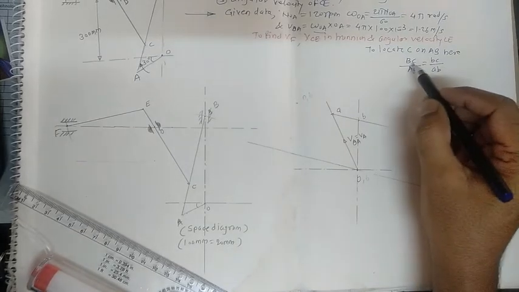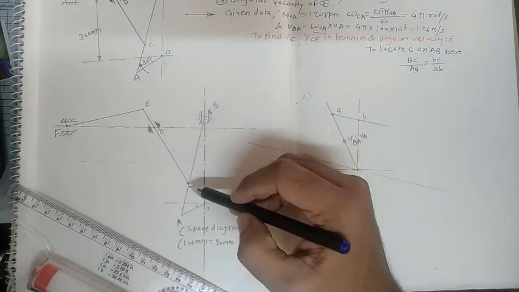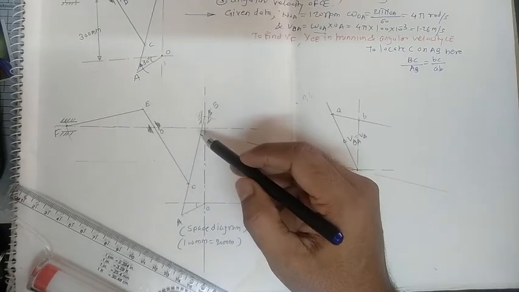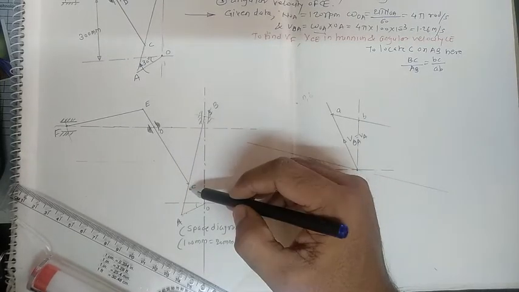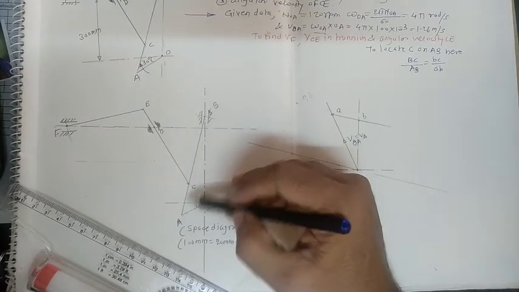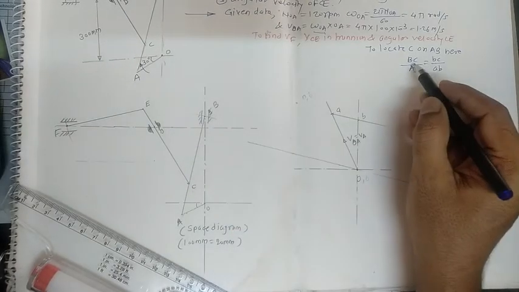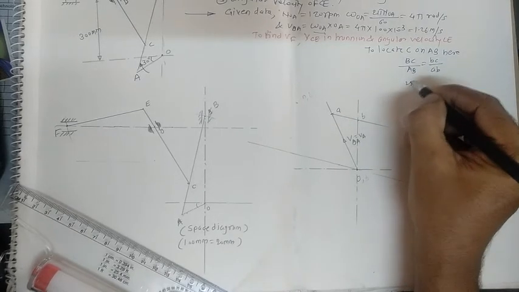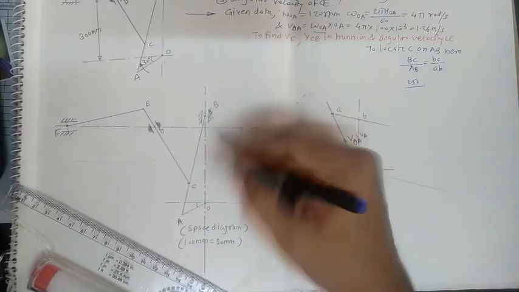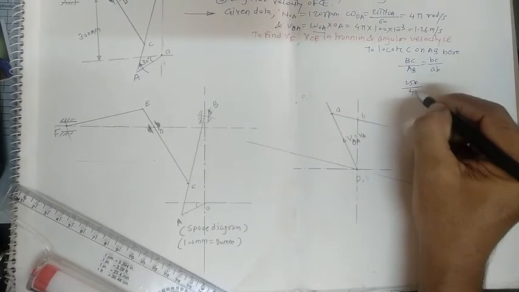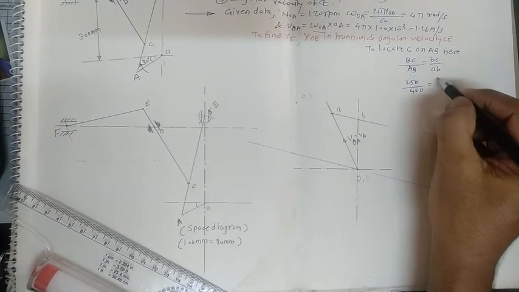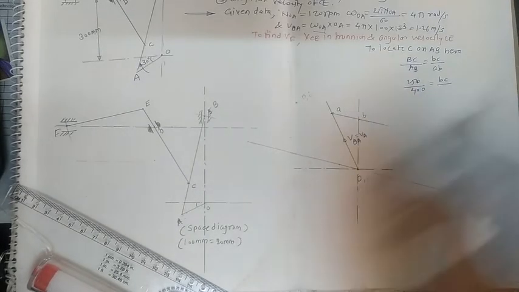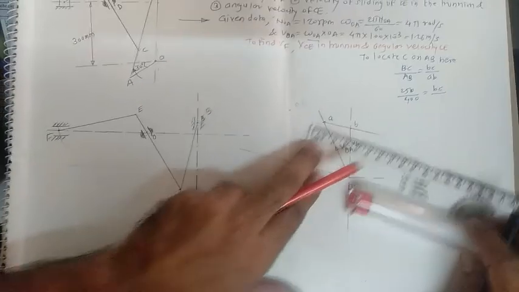Now what about the link length for this BC? The length for the AB is already given in the problem, 400, out of which 150 is with us. So what about the BC? 400 minus 150, that is 250, divided by AB, 400. Now measure this ab from this diagram.